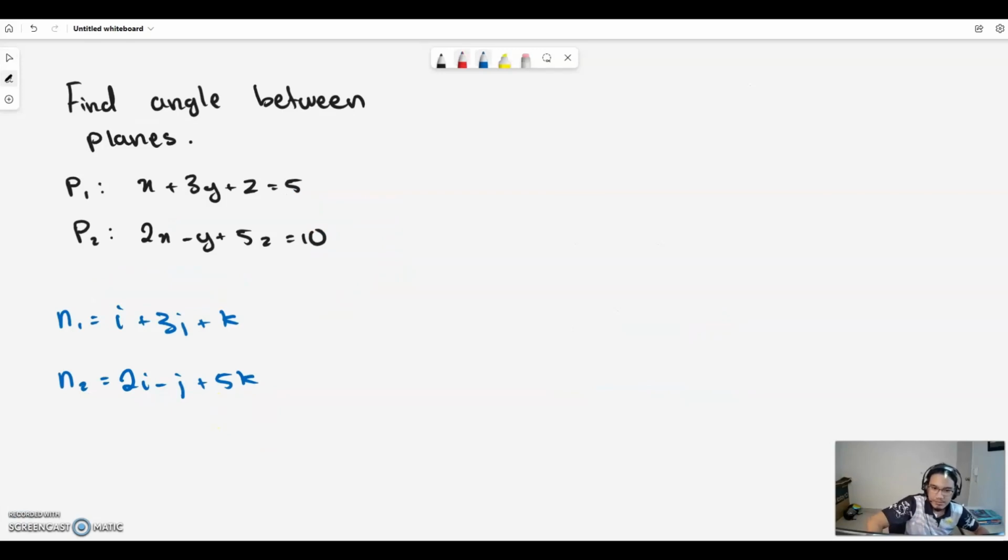Then we can proceed to calculate the magnitudes of n1 and n2. The magnitude of n1 is the square root of 1 squared plus 3 squared plus 1 squared, which is equal to the square root of 11.